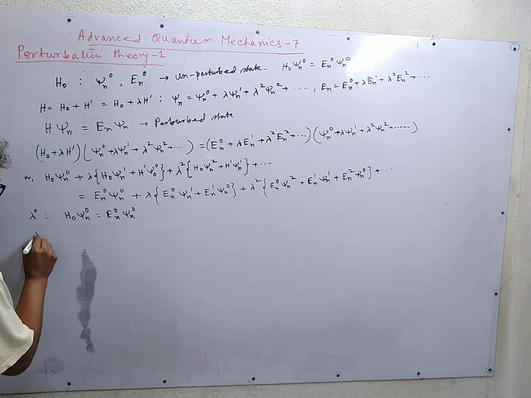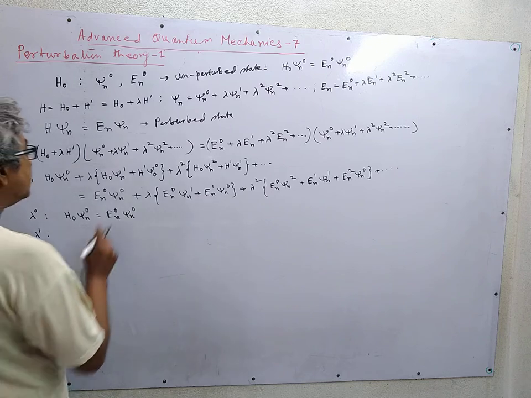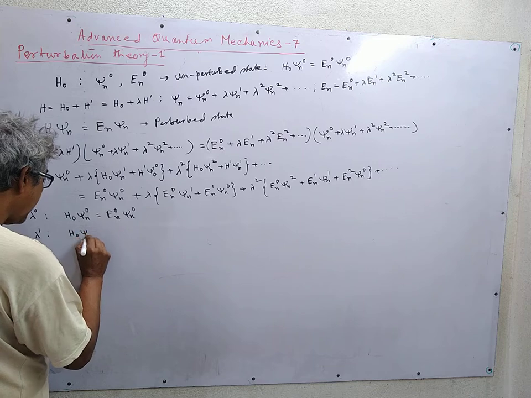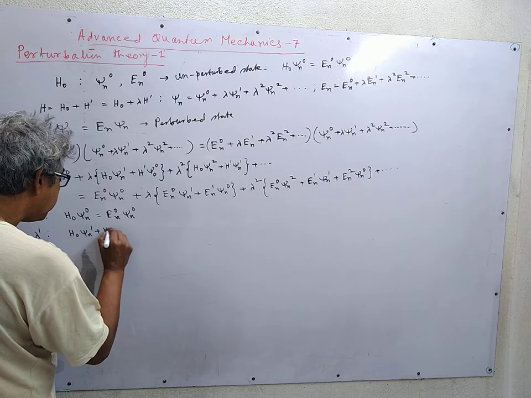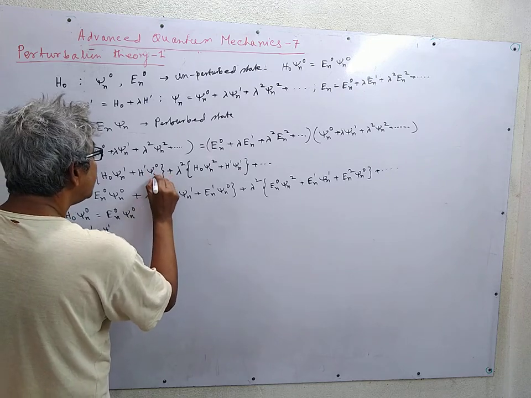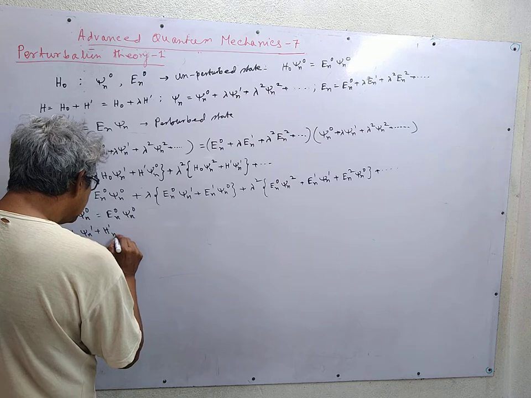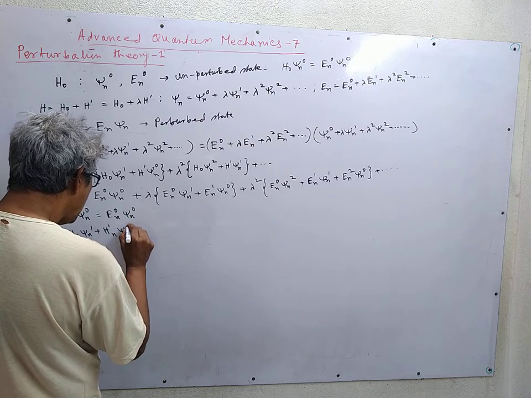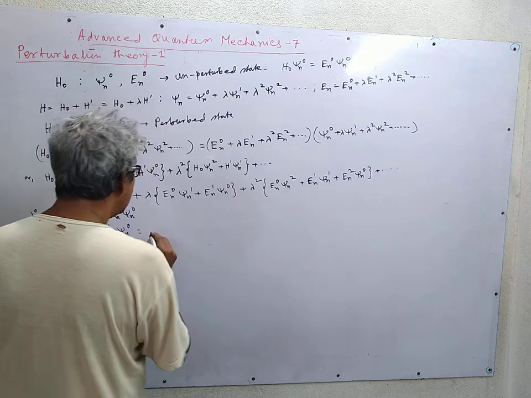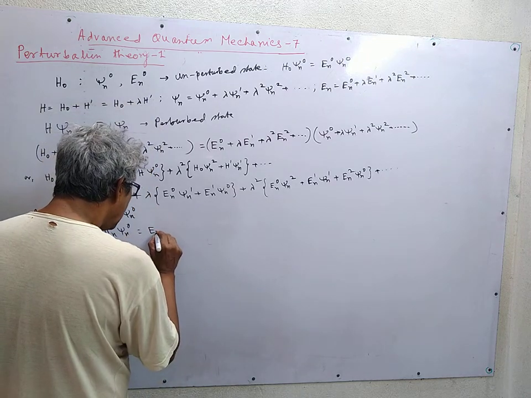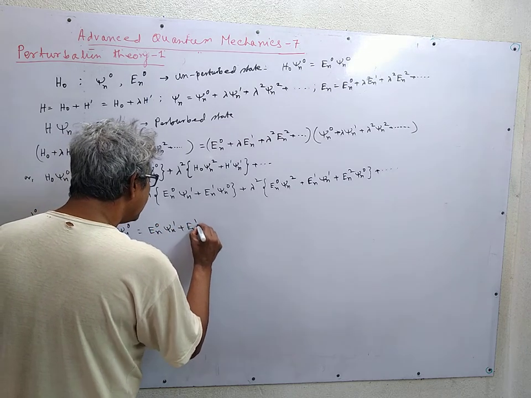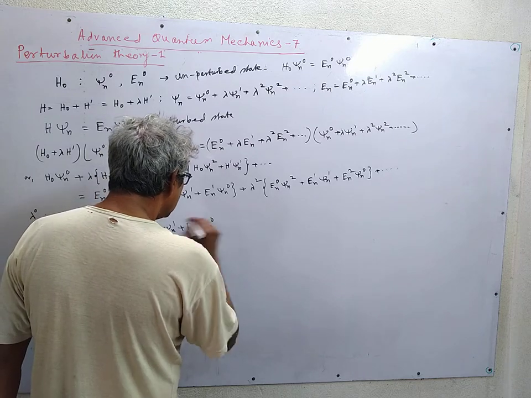The coefficient of lambda to the power 1 gives H0 psi n1 plus H prime psi n0 is equal to, on the right hand side, En0 psi n1 plus En1 psi n0.